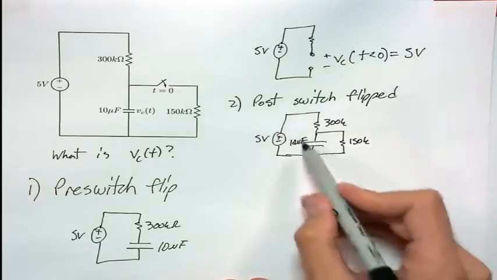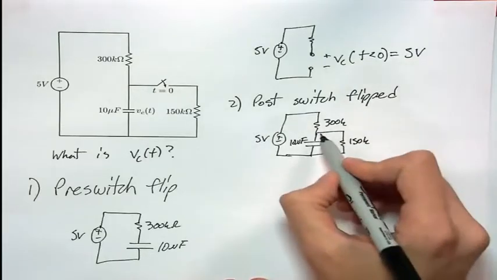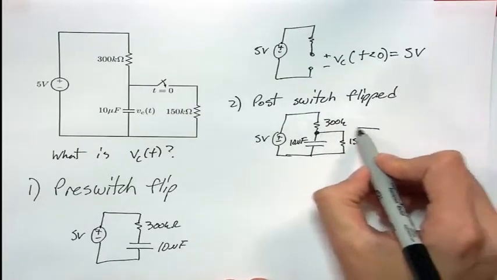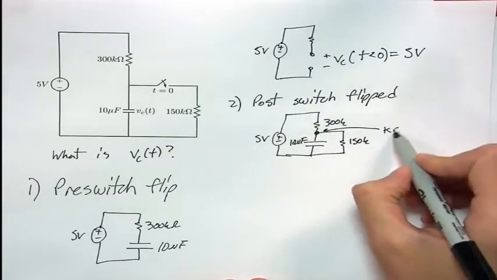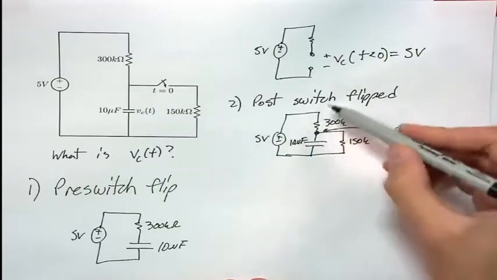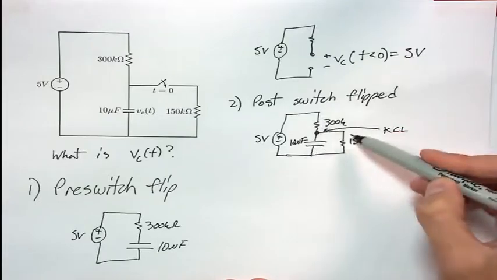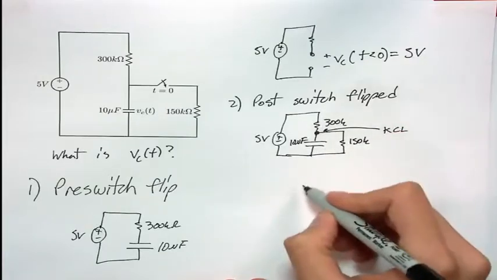So how do we analyze this circuit now? Well, we can set up a KCL at this node, and then calculate the current in this top branch, the capacitor branch, and this resistor branch. So let's go ahead and do that.